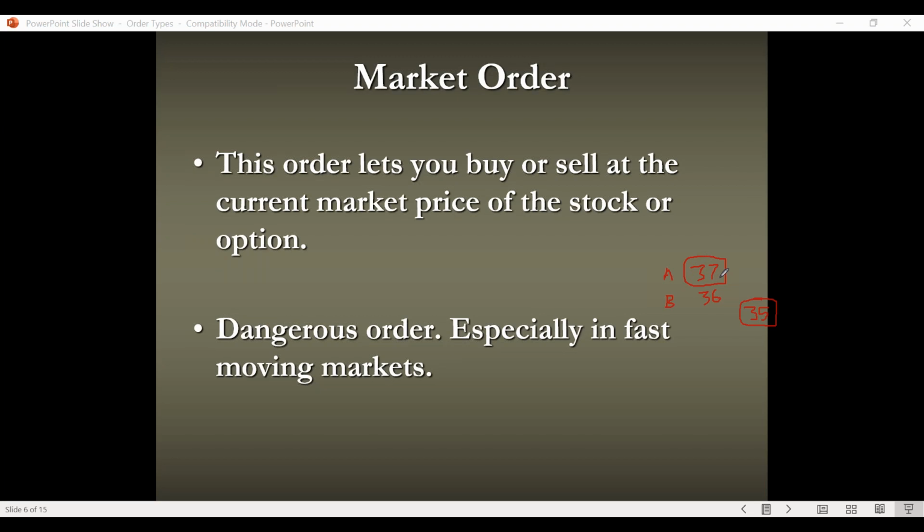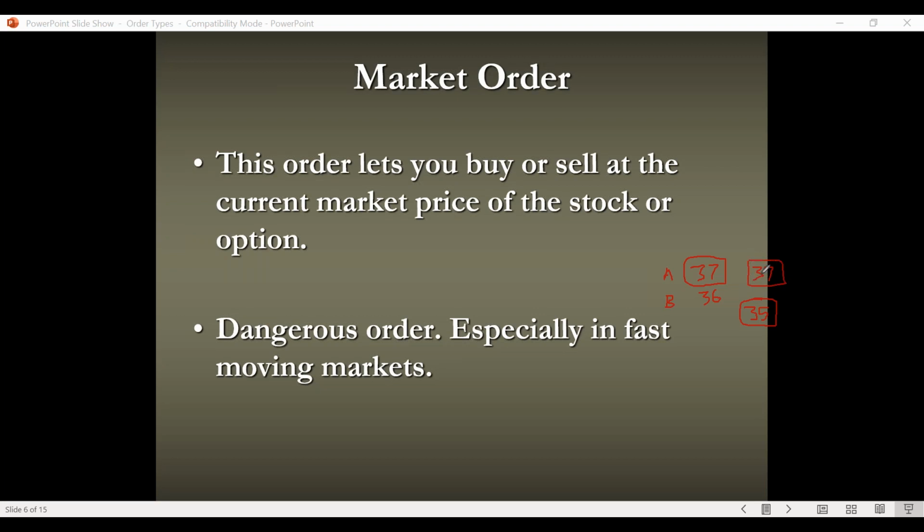Let's say the item you want to buy is $37, and you take that item to the register and you end up buying it at $37. That was the last price that went through.